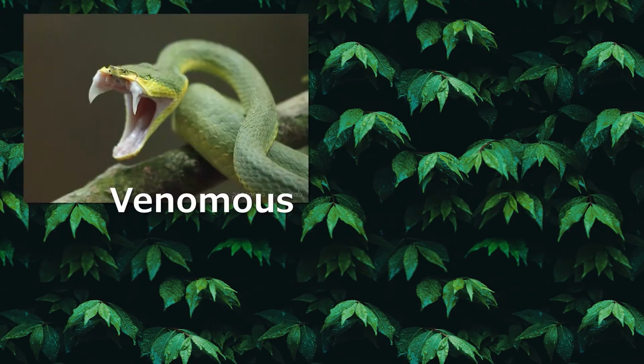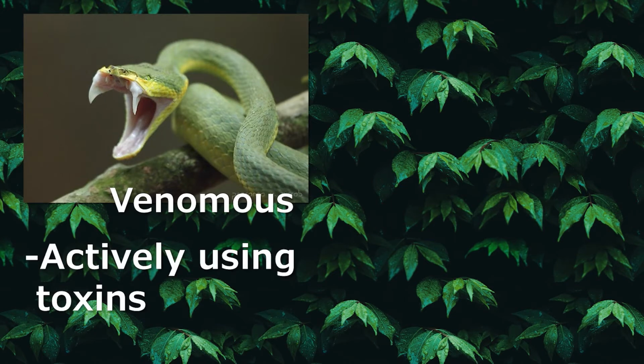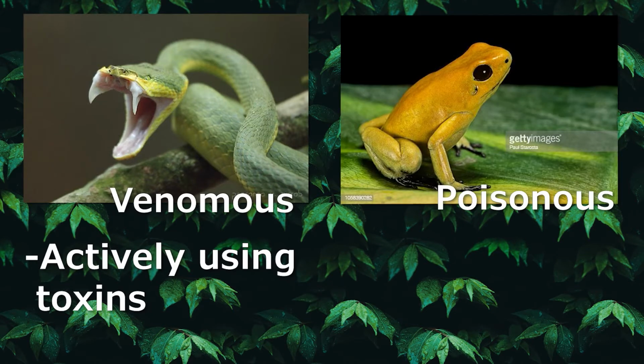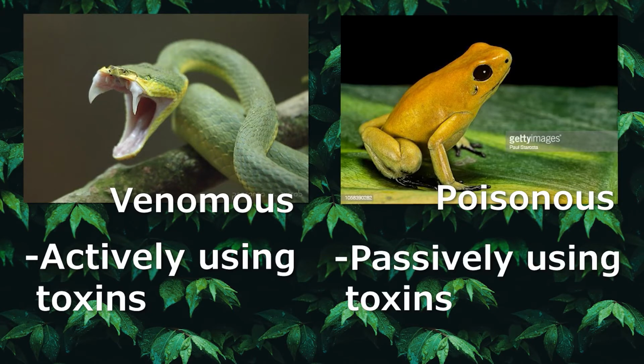So the venomous organism is usually acting upon the prey, trying to inject its toxins into it, whereas the poisonous organism is usually the prey, trying to defend itself from the predator and using its toxins usually passively or defensively rather than aggressively.